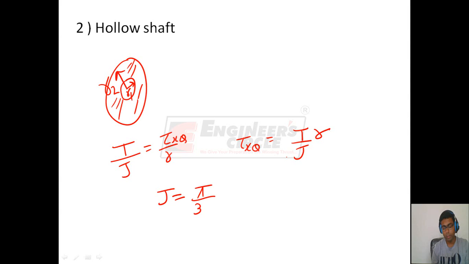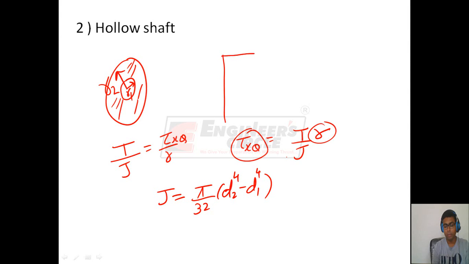So it will be equal to pi by 32 into d2 to the power 4 minus d1 to the power 4. So still the variation of shear stress is linear. So we can draw the variation. It will be maximum when R is maximum, and it will be having some value at this point, and the variation will be linear. But in the cross section from 0 to R1 there will be no stresses, that is stresses will be 0 because there is no material in this portion from 0 to R1.